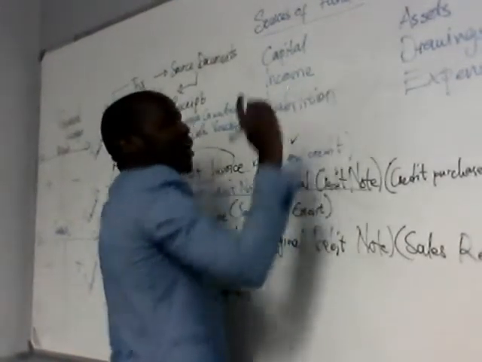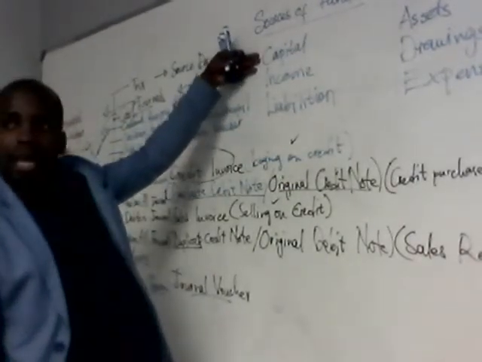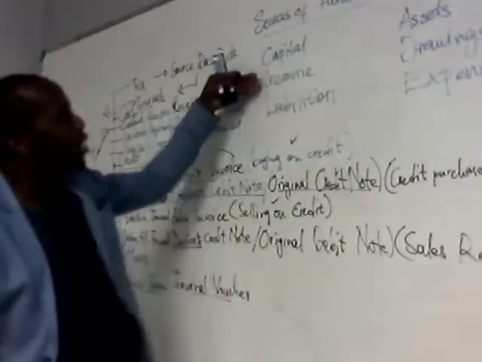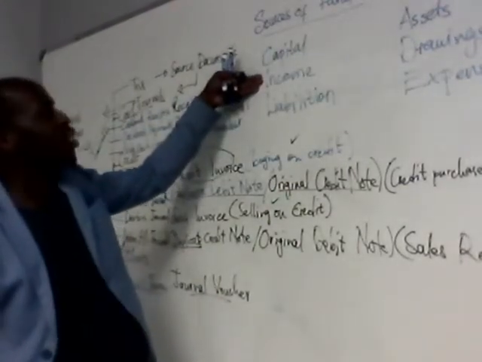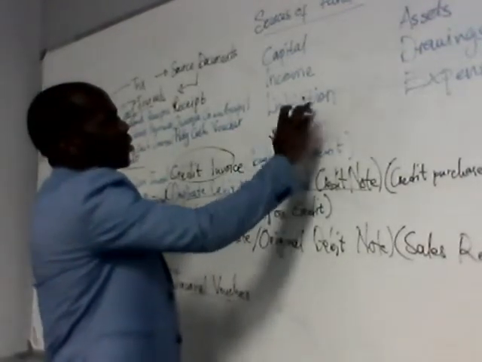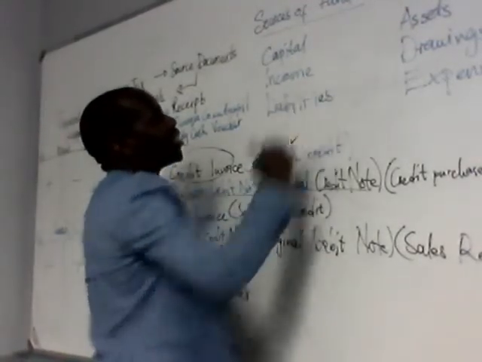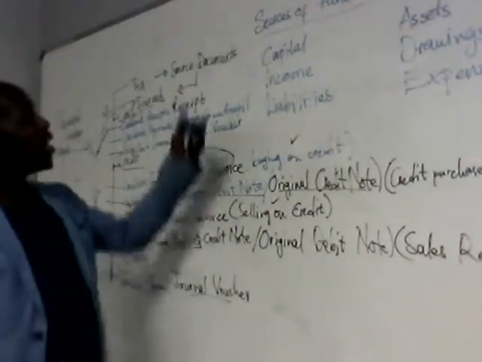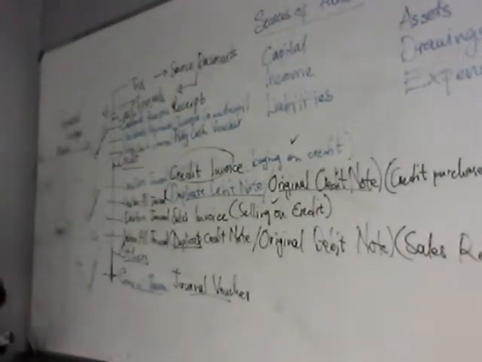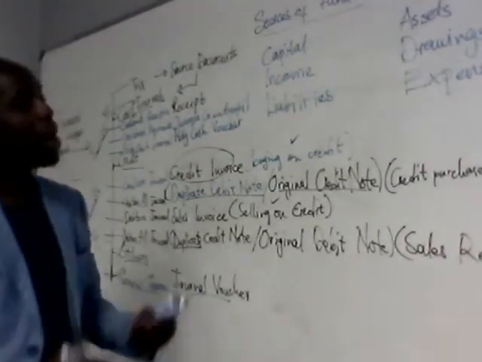Where does the business get money from? The business is going to get money from the owners, being capital. The business will get money because it has assets which make income. And then the business is going to get money from the loan from the bank, which will somehow be a resource for the business to use in the production of money.